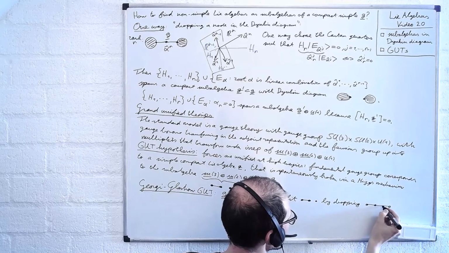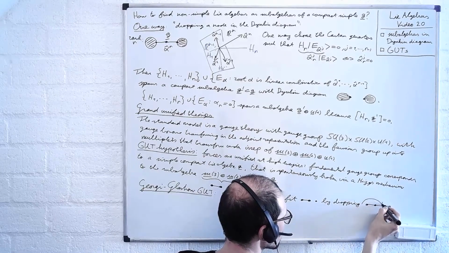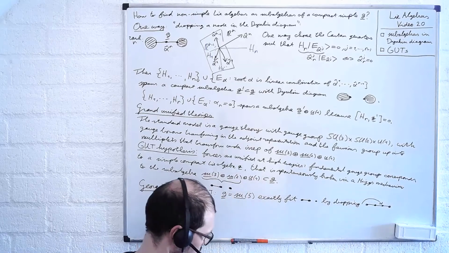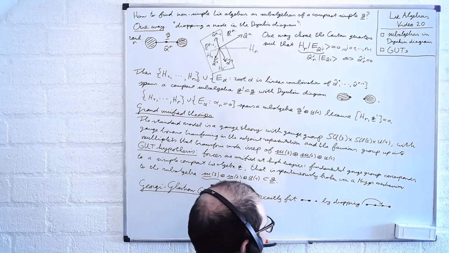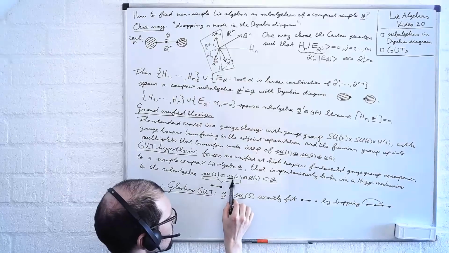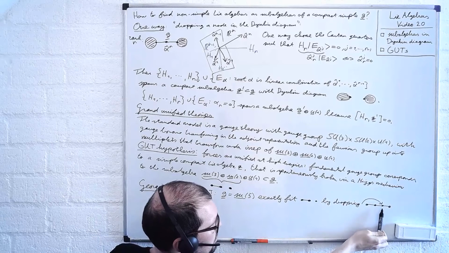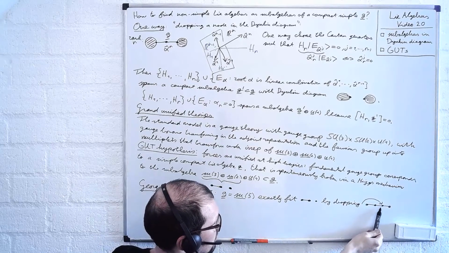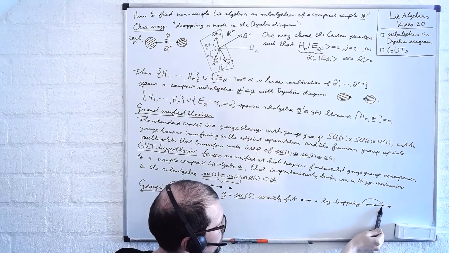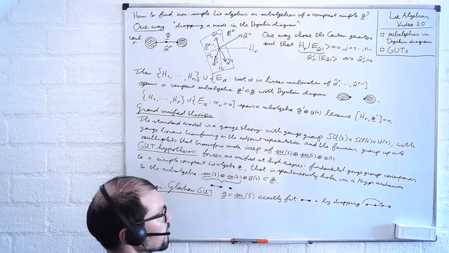Remember the SU5 Dynkin diagram is this one, so we're going to drop this node. Then exactly what is left is SU3 plus SU2 plus a U1 for the Cartan generator corresponding to, not exactly this root, but the direction that is orthogonal to the other three roots.